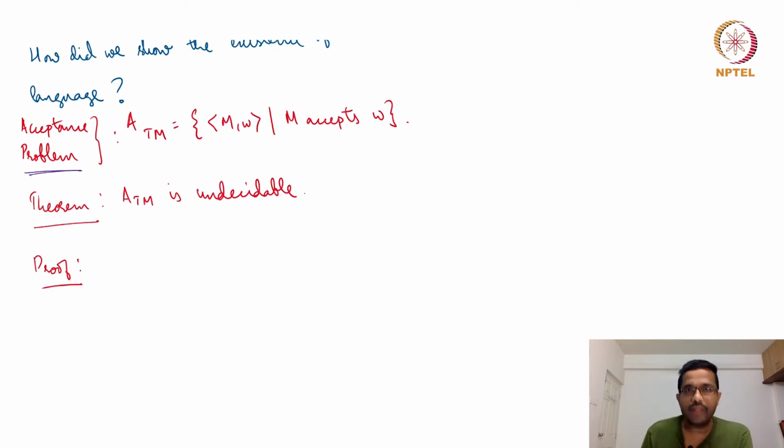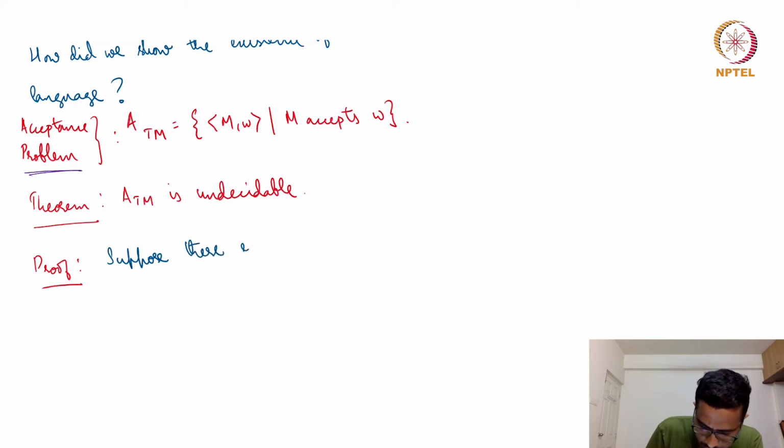Right. So like many of these proofs go, we start by contradiction. Suppose there exists M prime, a Turing machine that decides ATM.